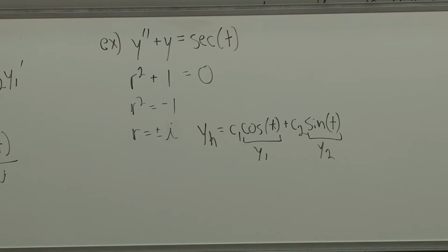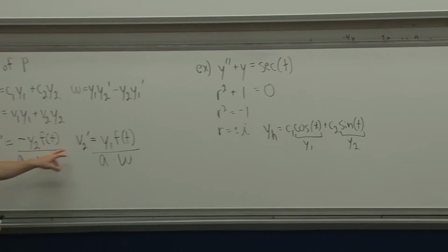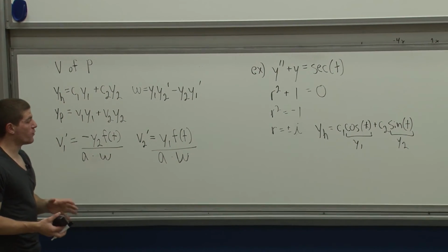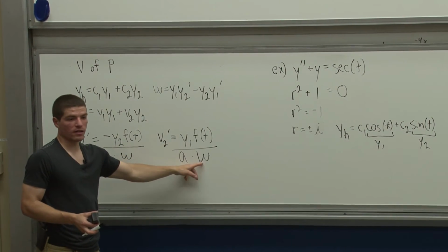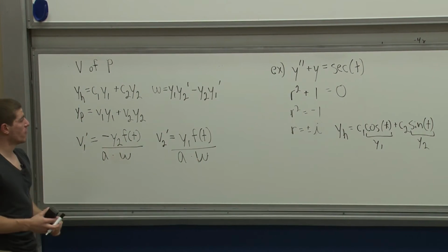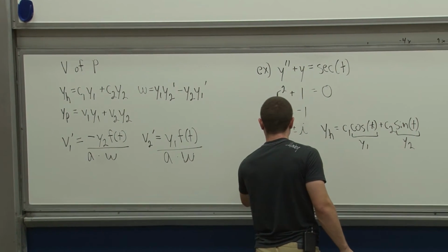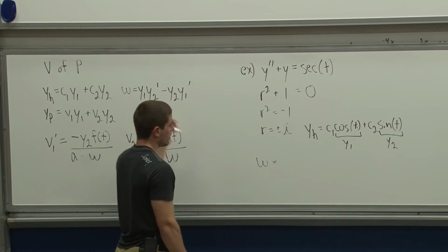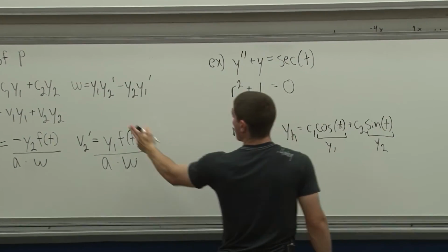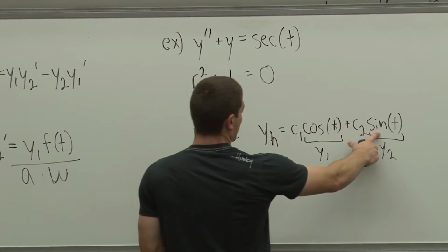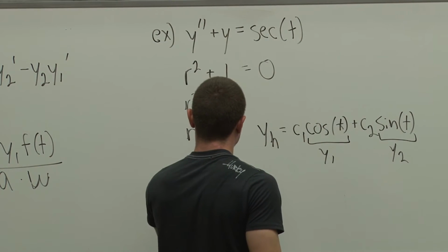Now the next step is we can plug into v1 prime and v2 prime. First we need to find the Wronskian. That's important. It's in both of the denominators. So W equals y1, which is cosine t, times y2 prime, the derivative of sine t, which is cosine. So cosine squared.